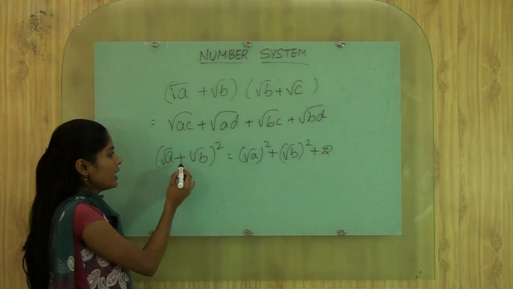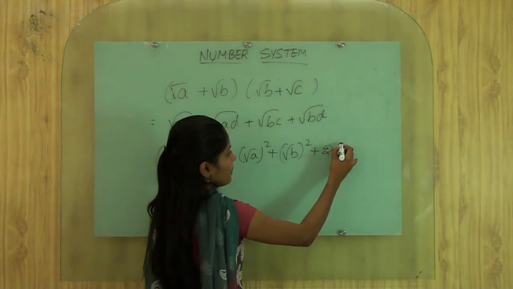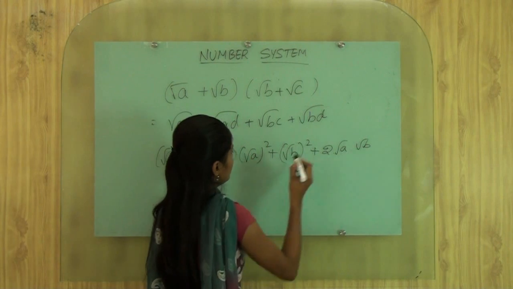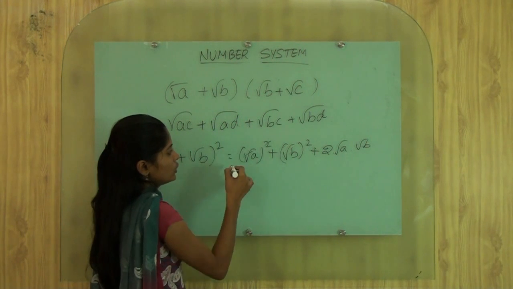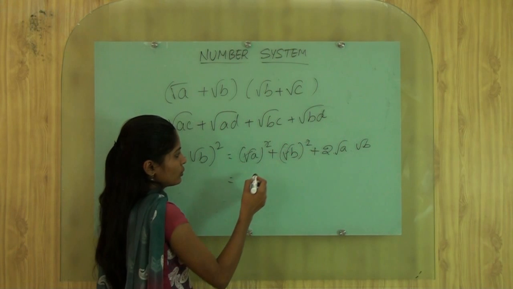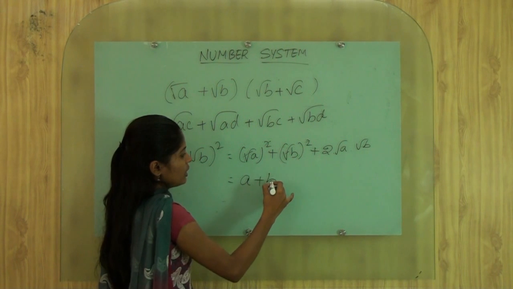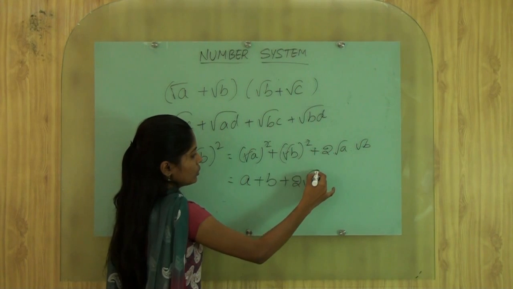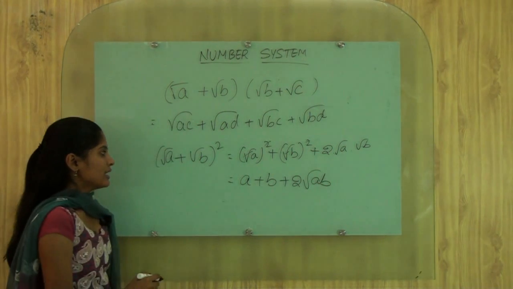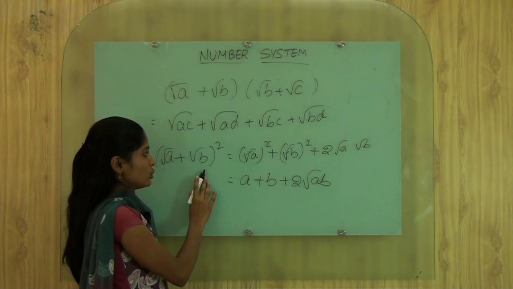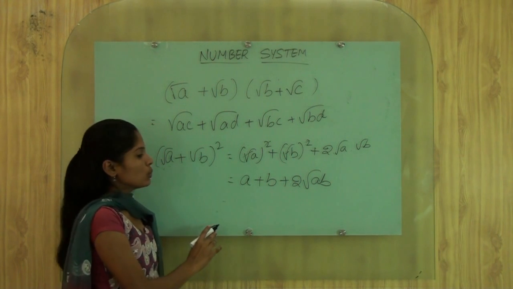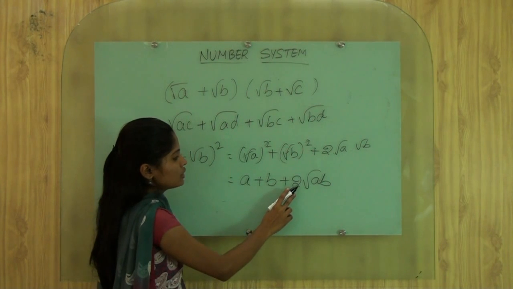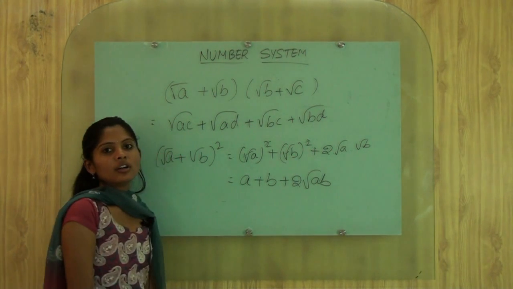Root a, and b is root b. Root a into root b. This root and 2 will get cancelled. This is a plus b plus 2 into root of ab. So we can remember root a plus root b whole square is equal to a plus b plus 2 into root of ab.